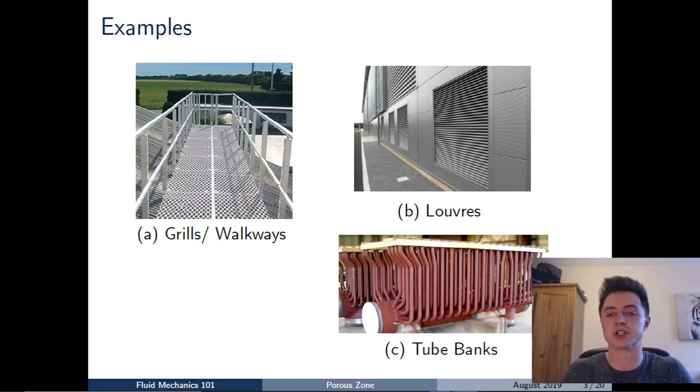I've also got some images of louvers that you'll often see on the outlet of ventilation and air conditioning systems, often to prevent moisture from getting into the building. And the final application is tube banks, or stacks of horizontal cylinders or closely packed items. All of these applications are fairly typical of places where you would often consider using a porous zone in your CFD model, but they're not the only places where you would use one.